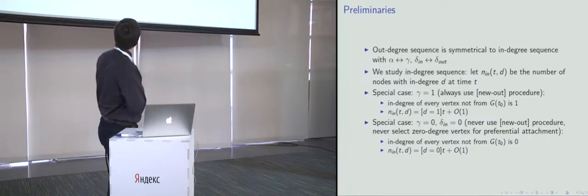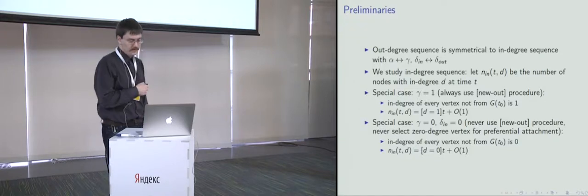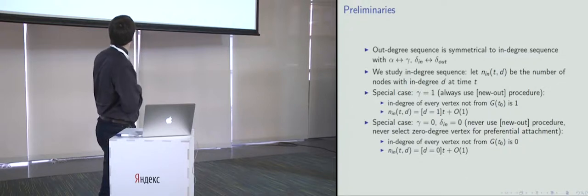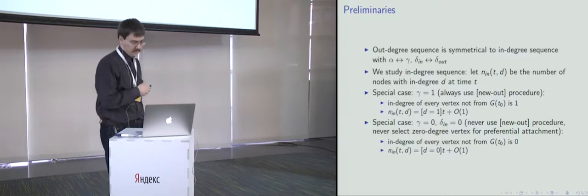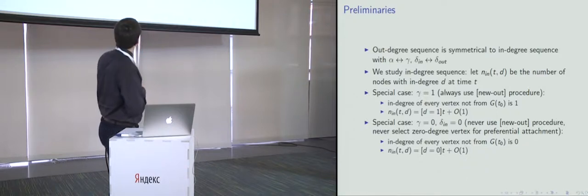And in another special case, if gamma is equal to 0 and preferential attachment never selects a 0 degree vertex, then every new vertex continues to have 0 in degree.